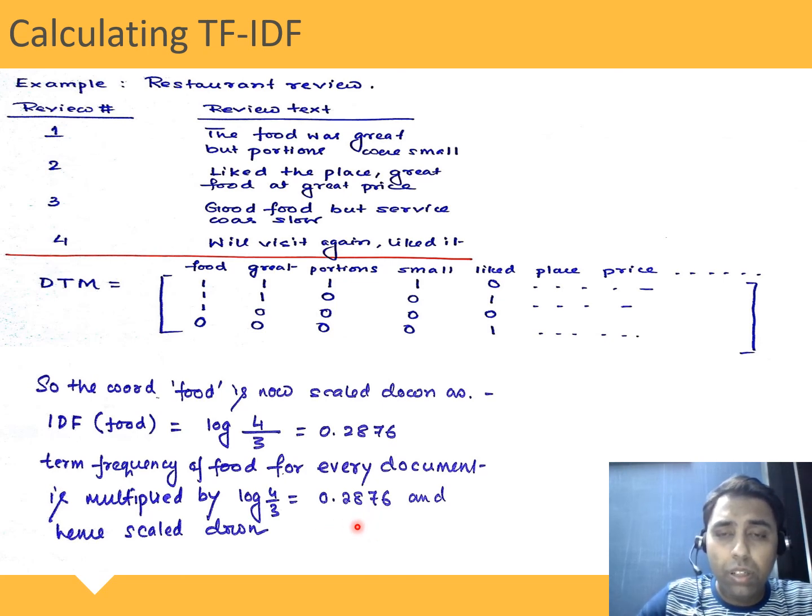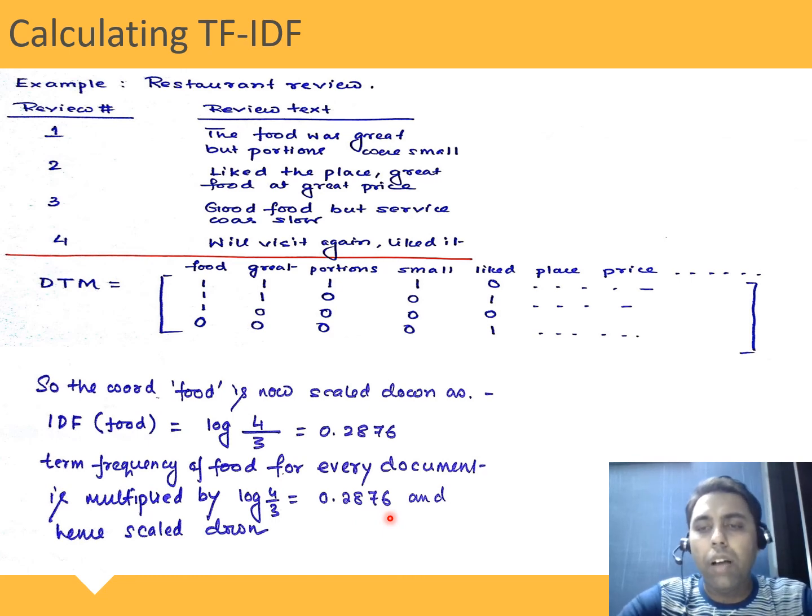So in that case, if we were looking at the word portion or small, the role of the IDF would have been scaling up the term frequency. However, in the case of the word food, because it is an abundant word in this data, the role of the IDF is to scale down the term frequency of the word food.